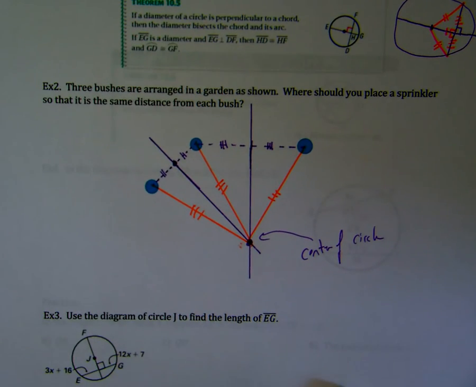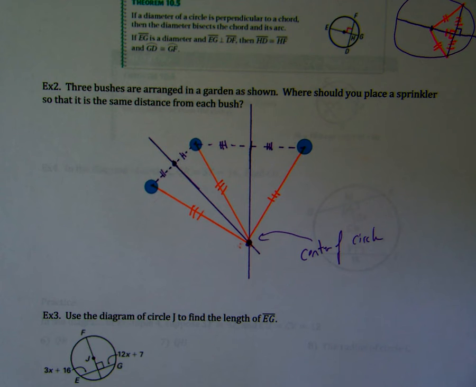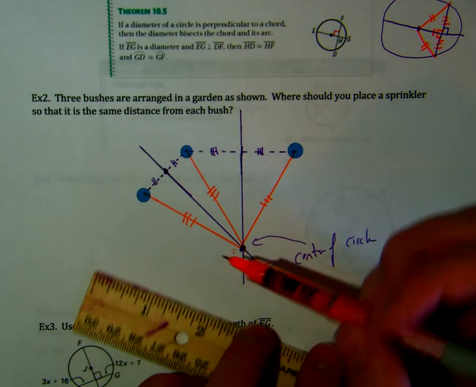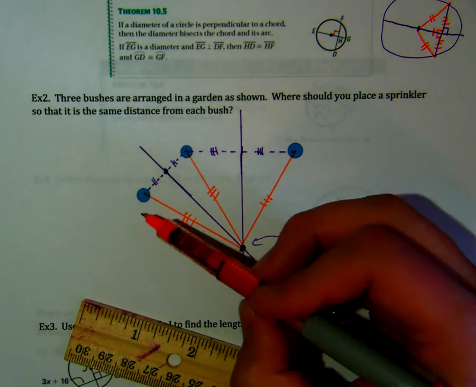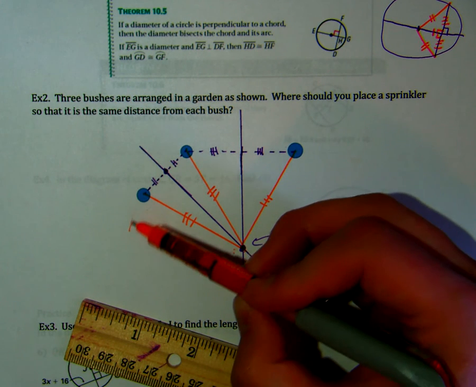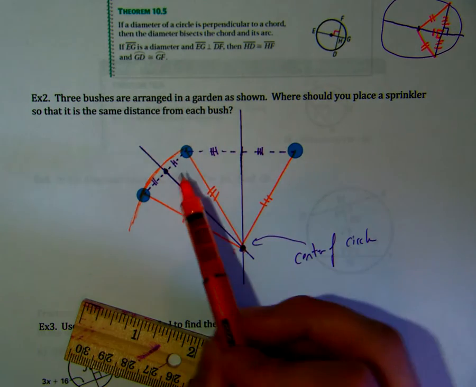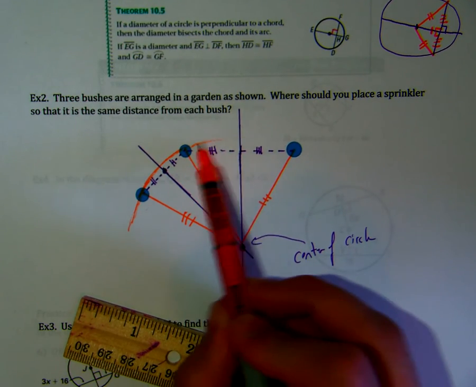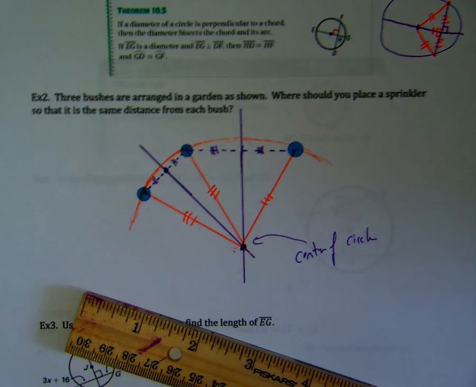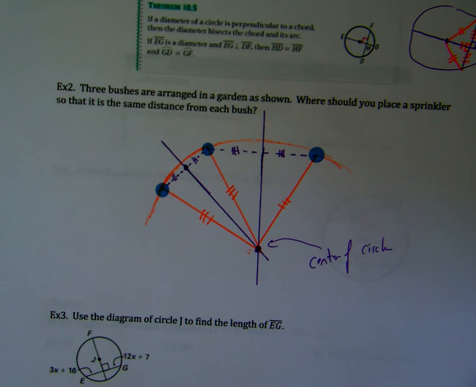That is the construction of where we'd have to put the sprinkler. Imagine those are all radii of a circle that goes around like this.